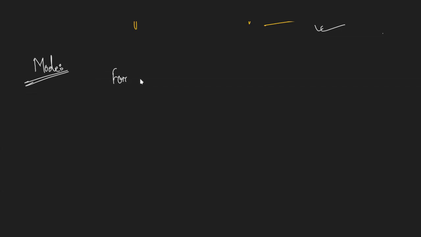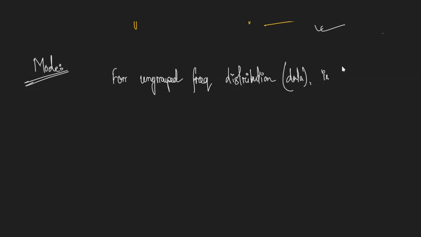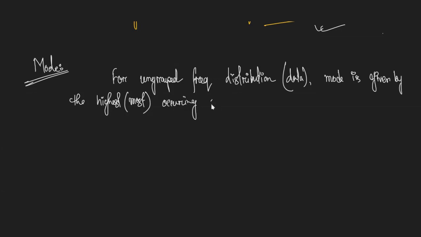For ungrouped frequency distribution or data, mode is given by the highest occurring or most occurring observation.